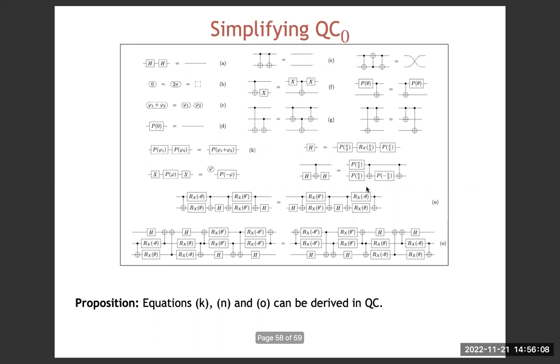For some of them, for instance this one, we can show that it is necessary because it does not preserve the number of C0. If you restrict to 2 qubits and treat this one carefully, you can show that you need this equation. So there are some equations that you can show are necessary, but there is no proof of minimality at the moment. So I don't know.